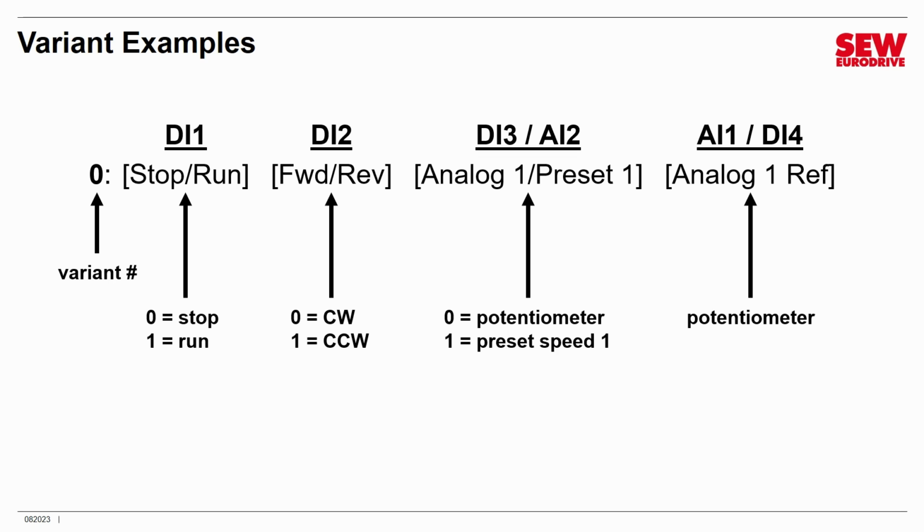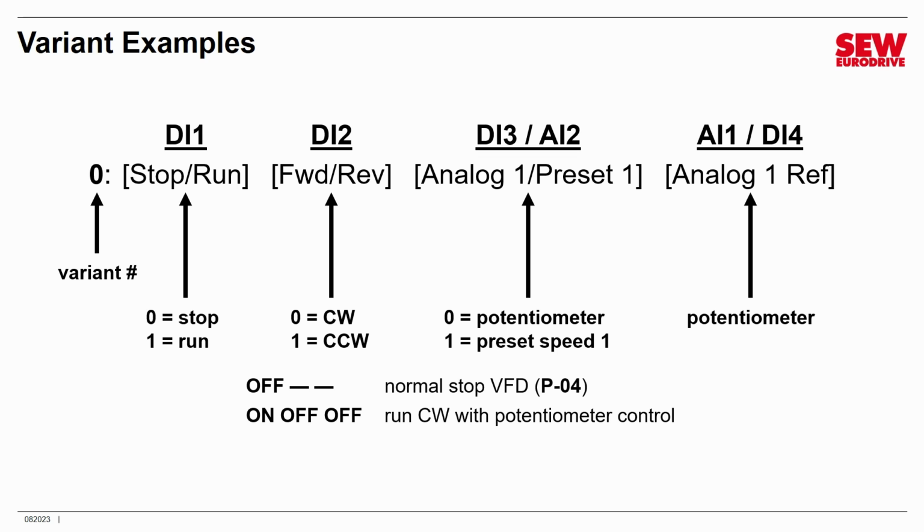So let me give you a few examples of different possibilities here. Let's say our first switch is off, and it doesn't matter what the other 2 are. That's why there are dashes there. This is going to bring the VFD to a stop. It will do a normal stop. It will ramp to a stop using the standard deceleration ramp. If you turn the first digital input on and the other 2 digital inputs off, you will run clockwise with potentiometer speed control.